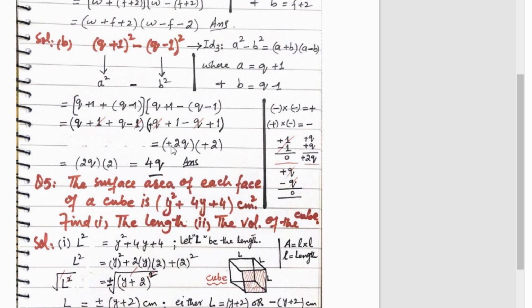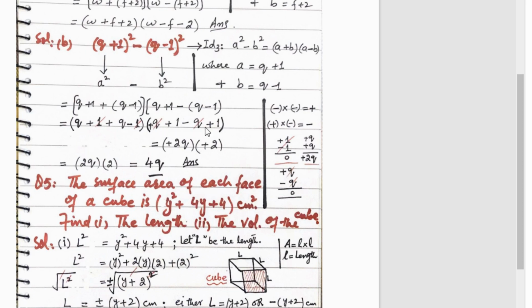This bracket is equal to plus 2q because 1 and 1 are cancelled out. These are giving us a 0 result. And in the next bracket, plus q and minus q are the same terms with opposite signs, plus and minus. When same terms have different signs, we can cut them down or they can be cancelled out.